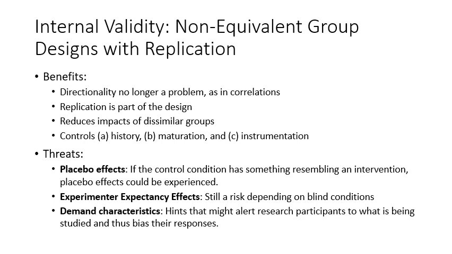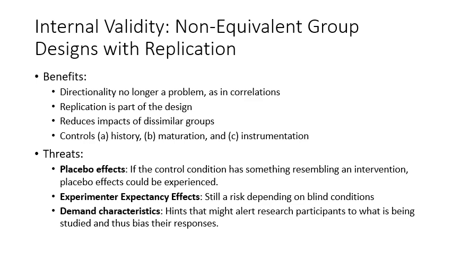The impact of dissimilar groups is diminished because now both groups are getting the treatment, so we're having a within subject measure, and since they're both getting the treatment, we would expect to see similar gains over time. And this type of design controls for historical events, which would affect both groups in similar ways, but because one group has the treatment and the other doesn't, we'll be able to tease out the history effects.